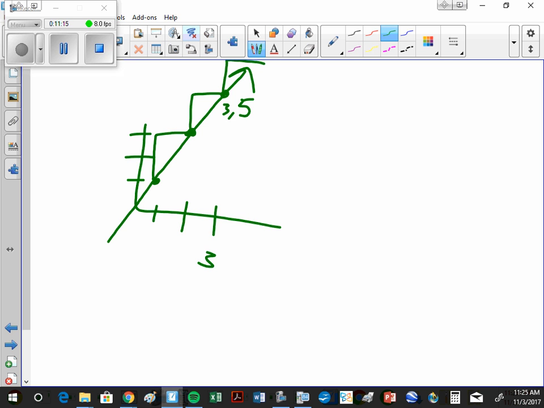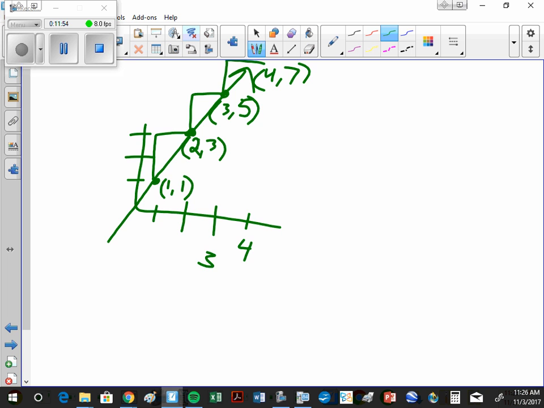And then up 2 over 1, 4 comma 7. But the pattern is up 2 over 1, right? So we start at 1 comma 1, and then we move up to 2 comma 3, and then 3, 5, and 4, 7. So you graph the points you have and draw a straight line, and your next point needs to land in that line, or the R value won't be 1.